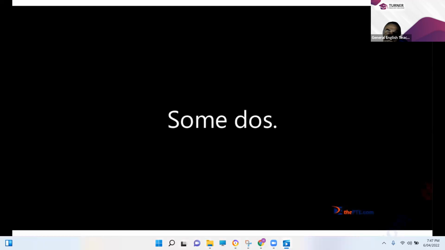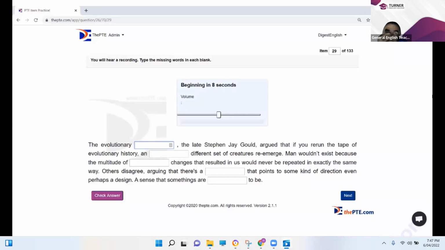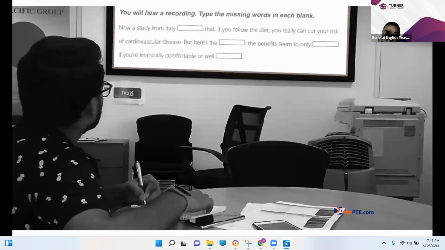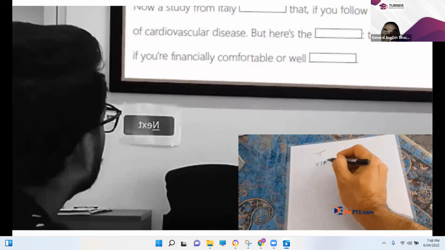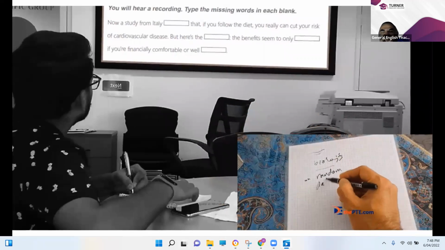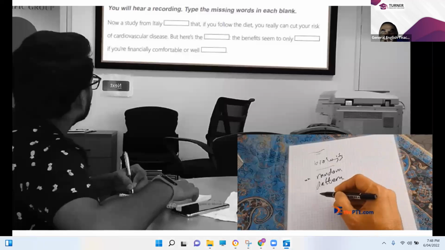Now, some do's first. Number 1. Use the 8-second preparation time before the audio is played to skim through the transcript or just read the first 2 lines to get the general idea of the text. Number 2. A useful strategy for doing this part is to have your eyes fixed on the text and jot down the answers on the erasable notebook without ever looking at what you're writing.